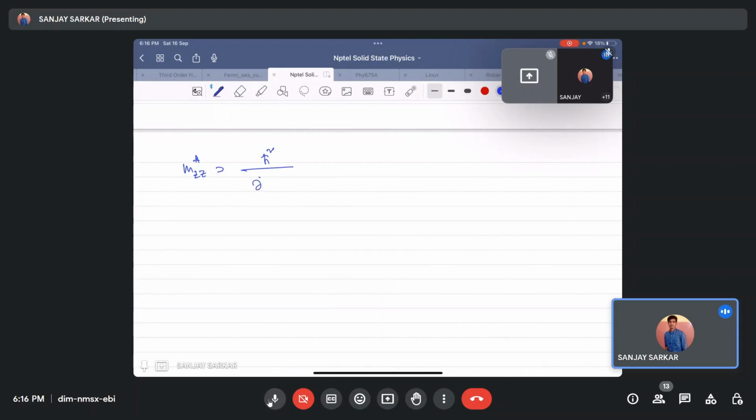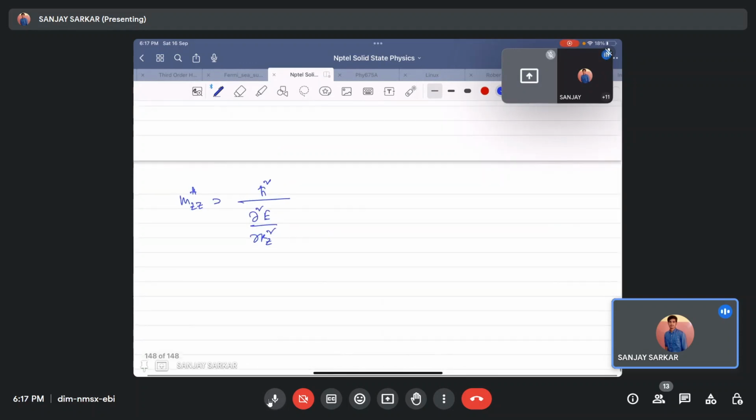So mzz star is del 2E del kz square, and you can show similarly. What was E? E was alpha cos kxa plus beta cos kya plus gamma cos kza. Then what is del E del kz? It is minus gamma a sin kza.